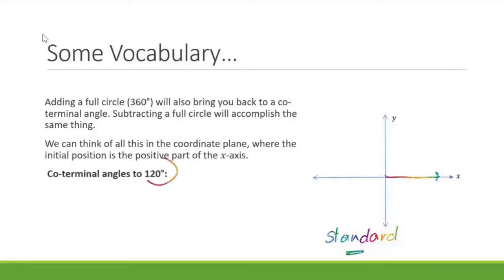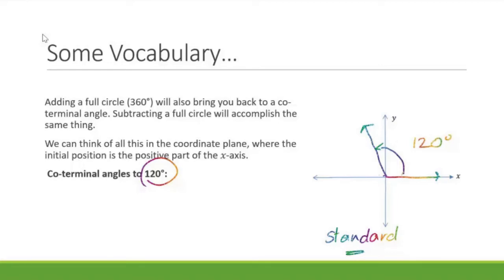We're asked to draw coterminal angles for 120 degrees. So 120 degrees is somewhere between 90 and 180 degrees. So let's say about here. I'll label that as positive 120 degrees, and we're asked for coterminal angles.